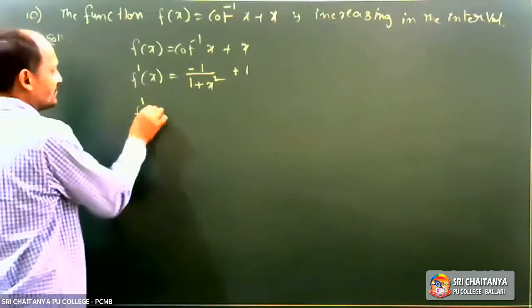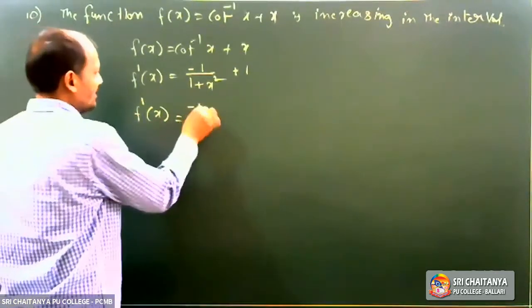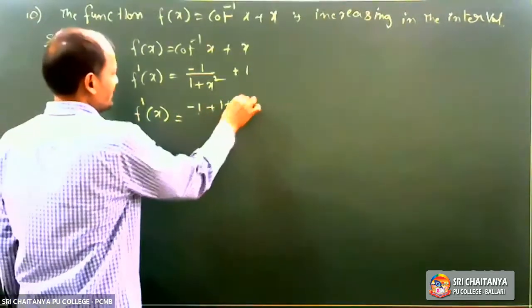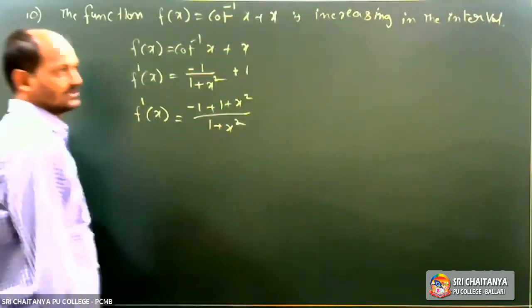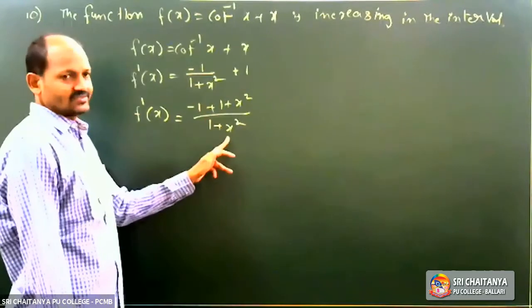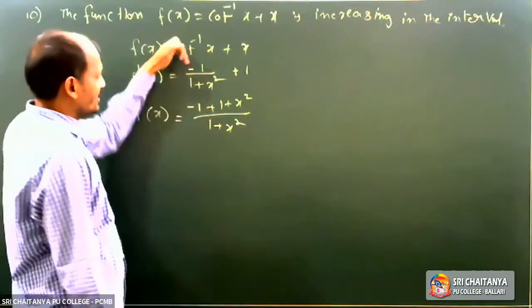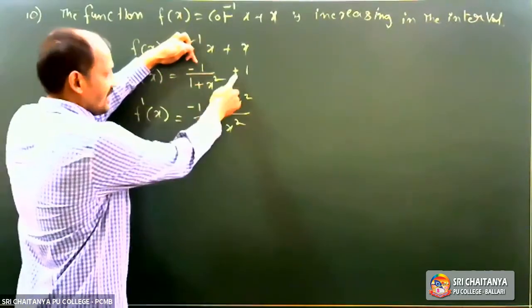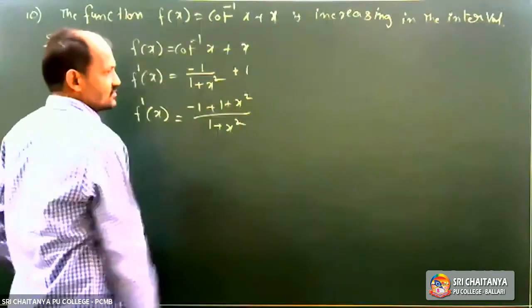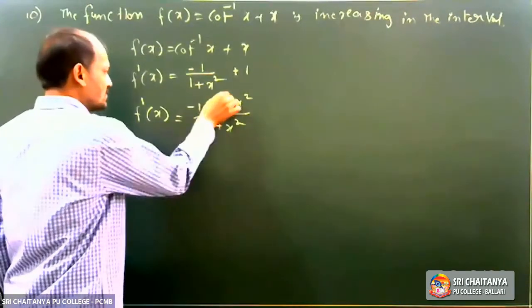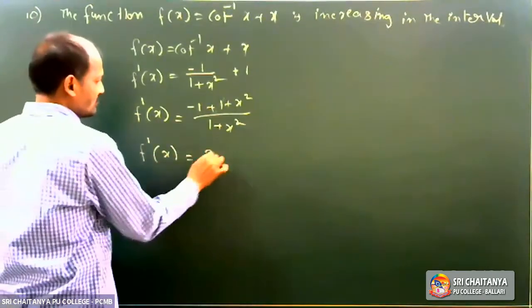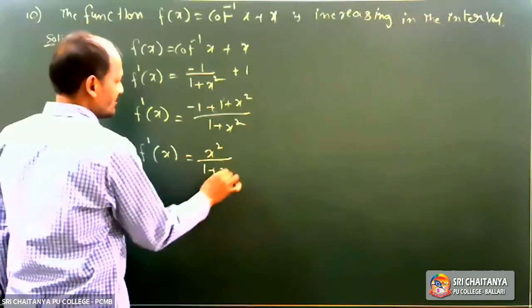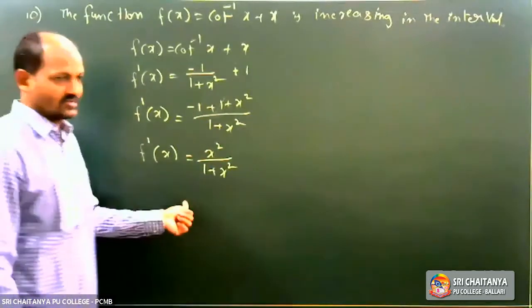So f dash of x is equal to minus 1 plus 1 plus x square divided by 1 plus x square. Here the LCM is 1 plus x square. So we get minus 1 plus 1 into 1 plus x square. Minus 1 plus 1 cancel. Then we get f dash of x is equal to x square divided by 1 plus x square.